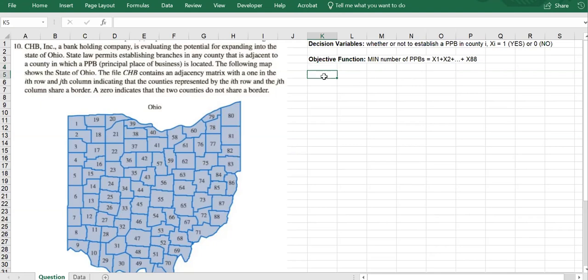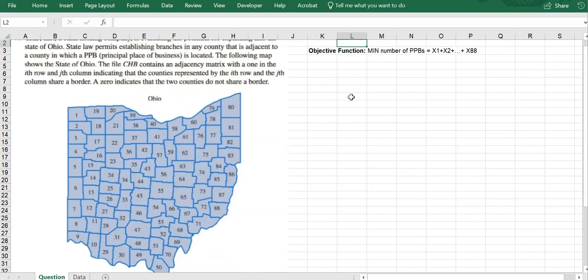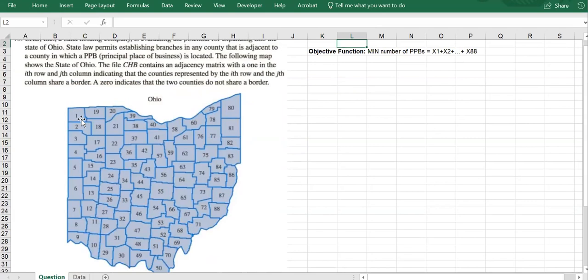The only set of constraints that are defined is this. They want to be able to cover the whole region. And that means for every single county, they should have an eligible PPB that can cover that county.